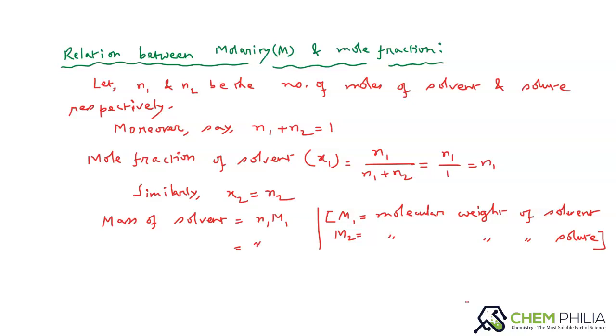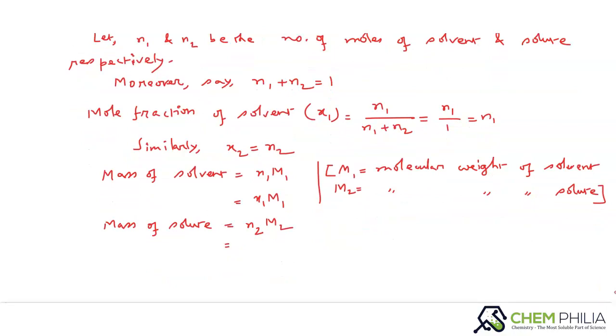Now in place of N1 we may write X1, so it's X1 M1. Similarly, mass of solute is equal to its number of moles, that is N2, into its molecular mass, that is M2. Now instead of N2 we may write X2, so it becomes X2 M2.